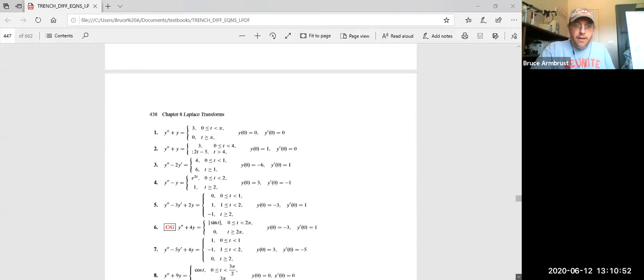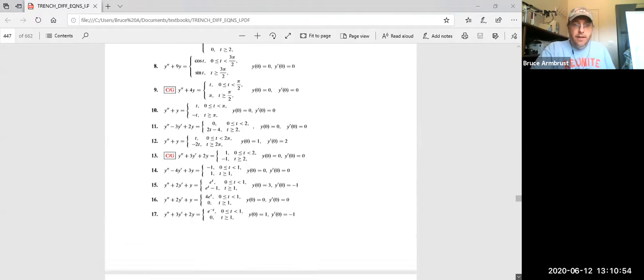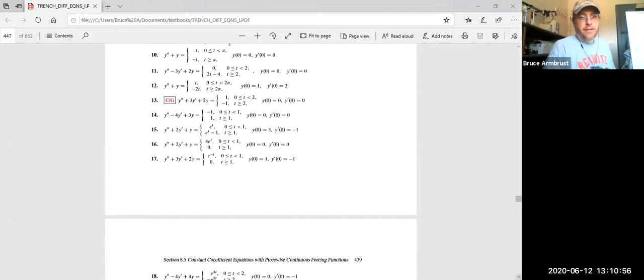So we've got y double prime plus 2y prime plus y equals e to the t when we're between 0 and 1, and then it's equal to e to the t minus 1 once we get to 1 and beyond.